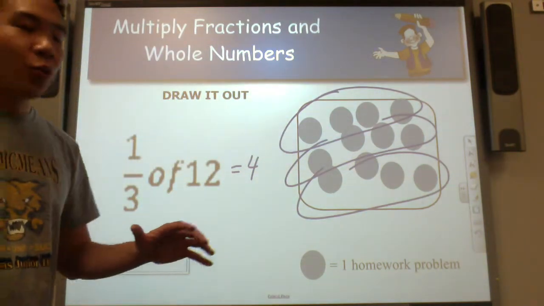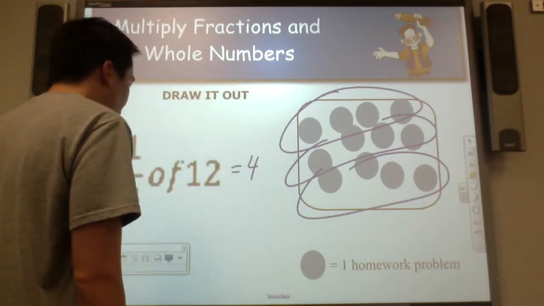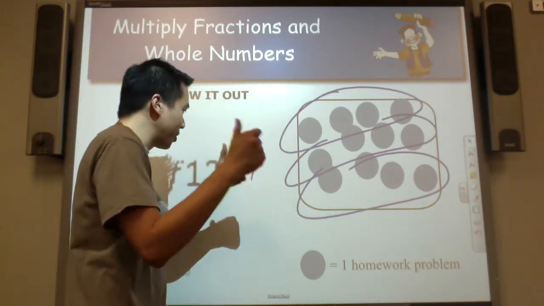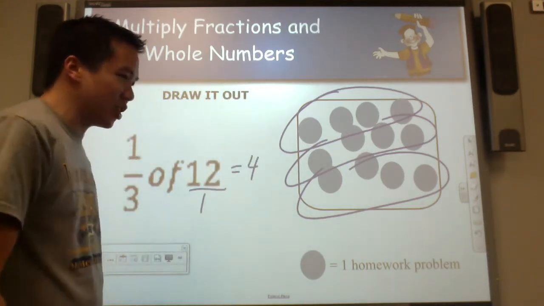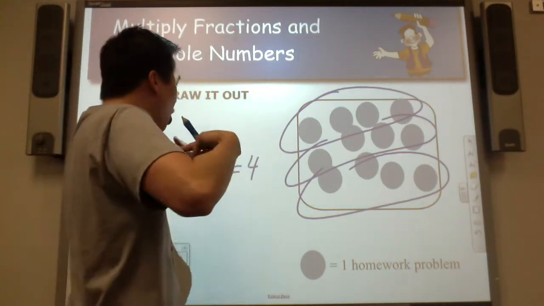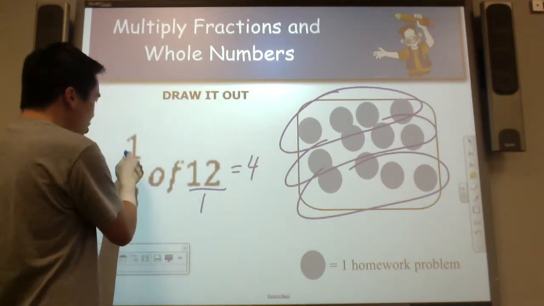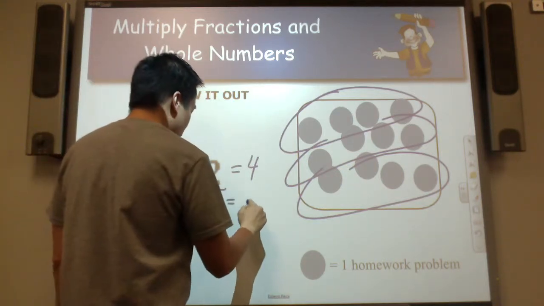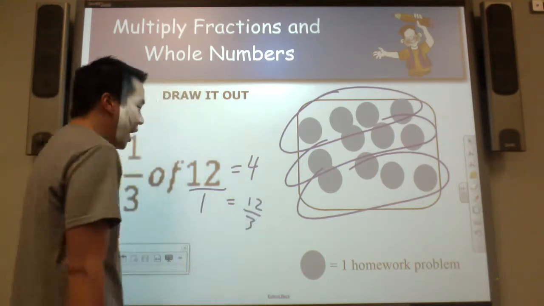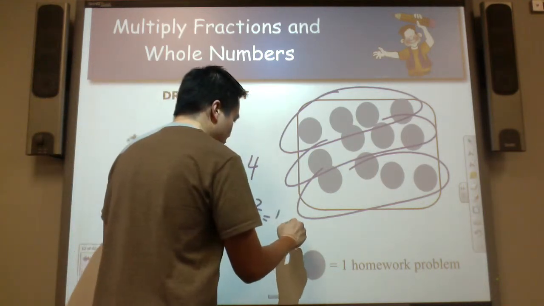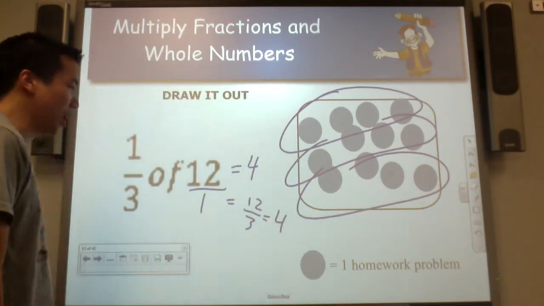How can you do it without modeling? Multiply mixed number. That's okay. Turn this to a fraction and times away. If you multiply the numerators, you get 12. If you multiply the denominators, you get 3. And how many 3s go in 12? 4. And that's another way you do it.